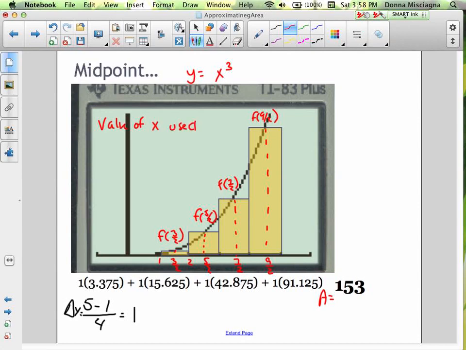So the value of x that's used to find the value of the function is going to be your starting value, your a, plus the change in x divided by 2. Right? So it's the halfway point. So a here was 1. My change in x is, actually that's not a good way to put it, but it's the halfway point.